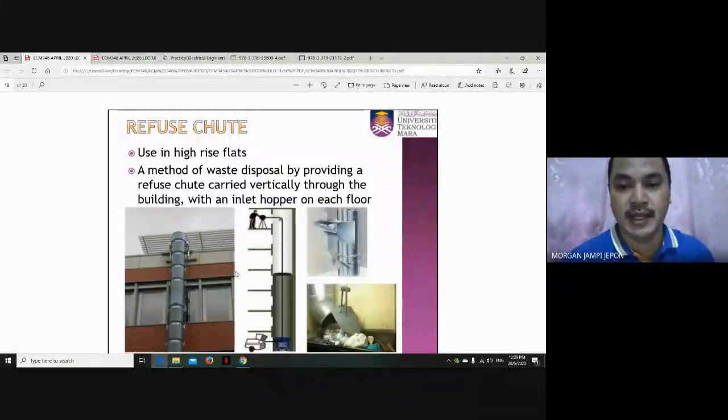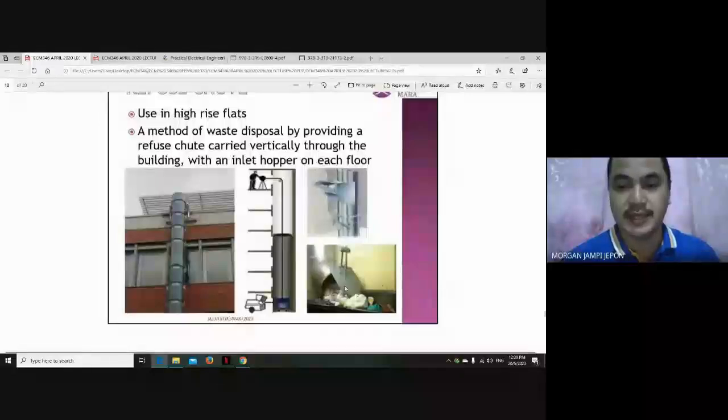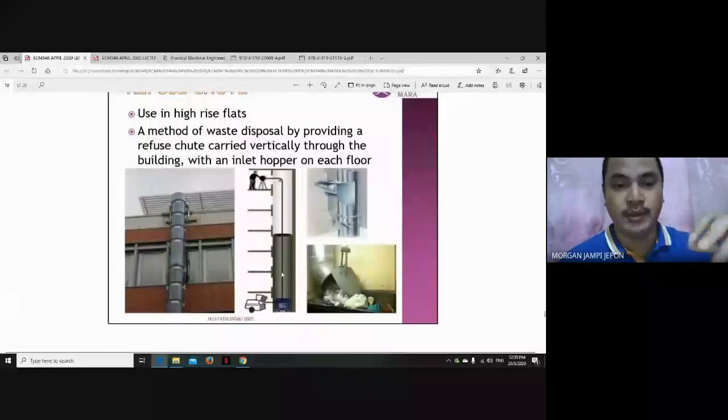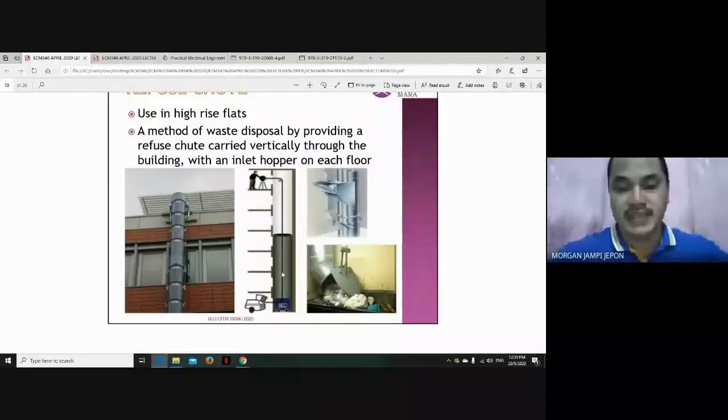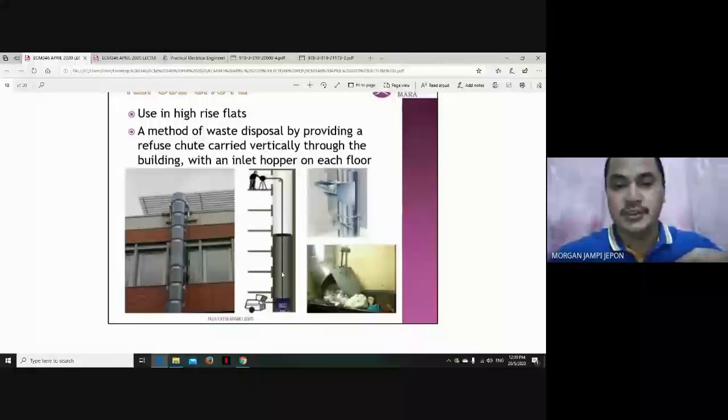So there is no dustbin, because the refuse chute goes to the underground, and several buildings do the same thing, so that all the refuse underground is connected together into one collection chamber.